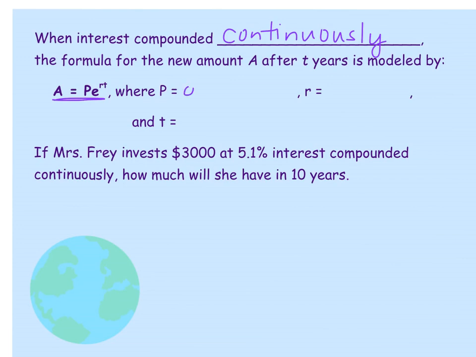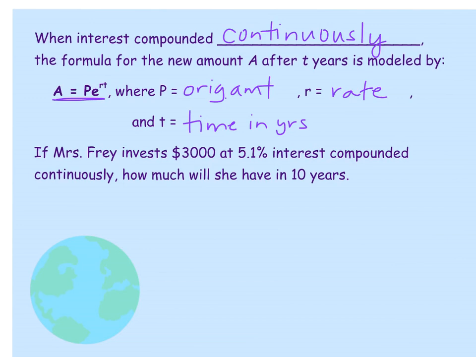P again is your original amount of your investment. R is still your rate. And t is going to be your time in years. e is just that constant base, so we don't even have to know what e equals. We don't have to calculate it this time.